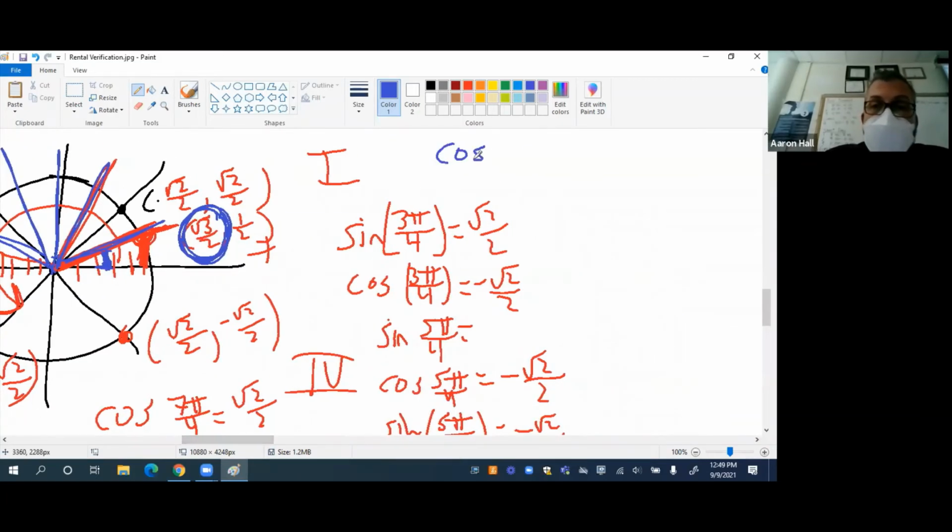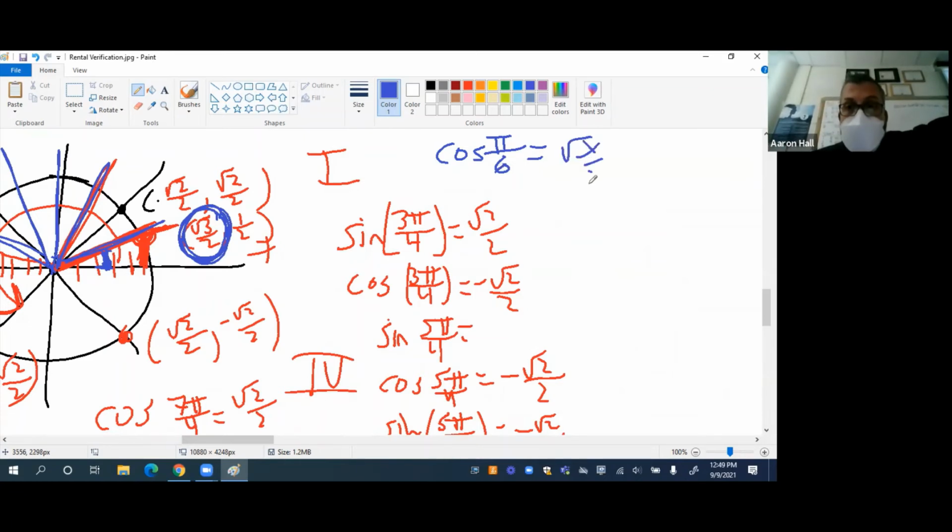I'm trying to figure out cosine of pi 6. What finger do I put down? What's my pi 6 finger? Ring finger. Cosine is from pinky or thumb? Thumb. How many fingers do I have up? 3. Remember our formula is the square root of x over 2? X is 3. So it's the square root of 3 over 2.